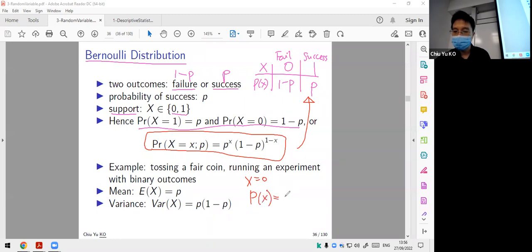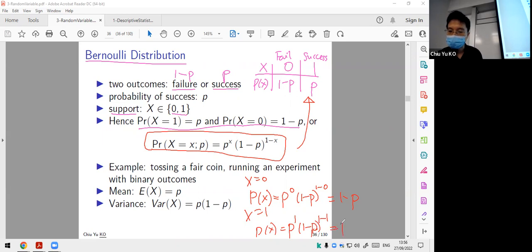It is P to the power 0, times 1 minus P to the power 1 minus 0. You learned in high school that any number raised to the power 0 is 1, except 0, so this is 1 minus P. And when X equals 1, P of X is P to the power 1, times 1 minus P to the power 1 minus 1, which is 0, so it's P.